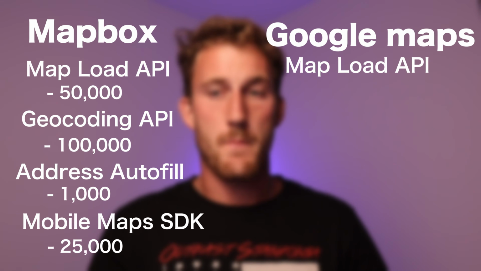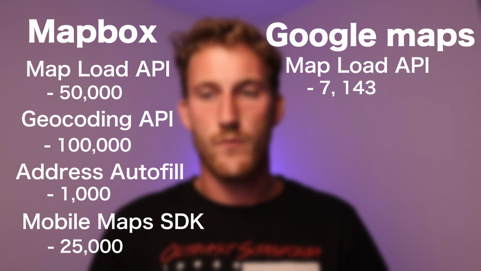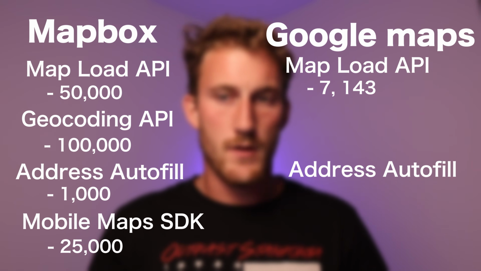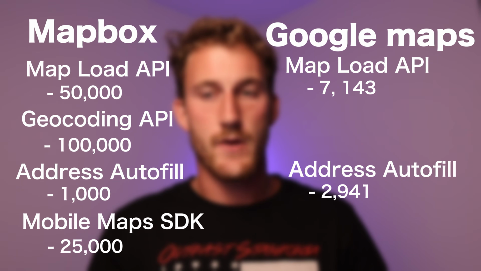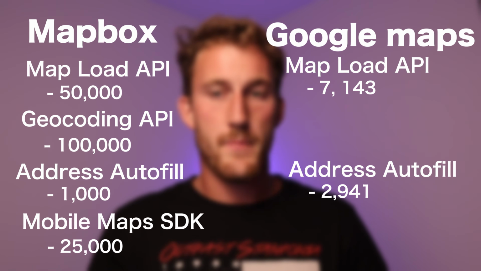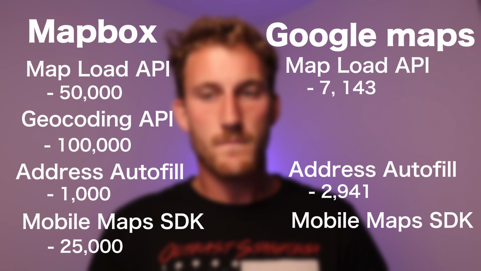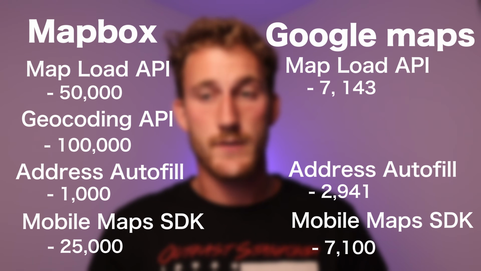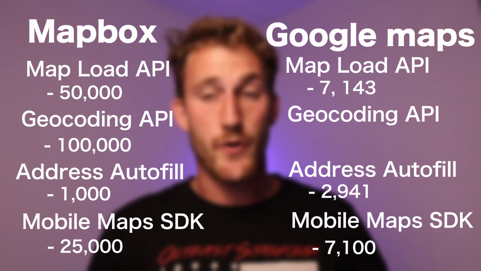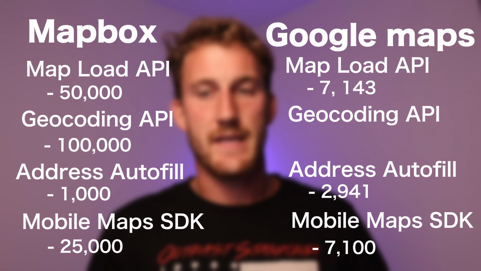So with Google Maps, if we have our $200 free credit, we're going to allocate $50 of this free credit to each field, and then we can compare that to the Mapbox results. First off, we have the JavaScript API map loads with 7,143 loads, the address autofill with 2,941 requests, map software development kits for mobile coming in at 7,100 requests, and the geocoding API coming in at 10,000 requests.